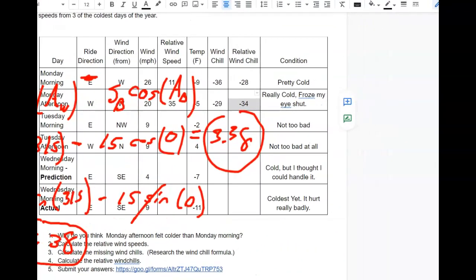Well, it's just like the Pythagorean theorem. So if we're going over 3.38 and our wind speed is going down 18.38, what is our hypotenuse going to be? For that, we use the Pythagorean theorem: a squared plus b squared equals c squared.